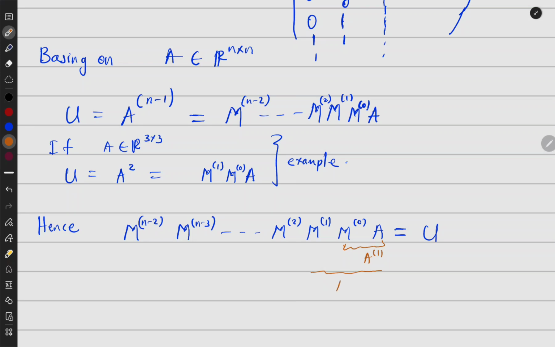When you combine with that, that is A2. When you combine with that, that is A3. So you continue in that way.